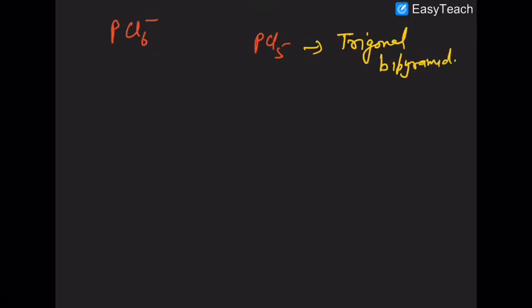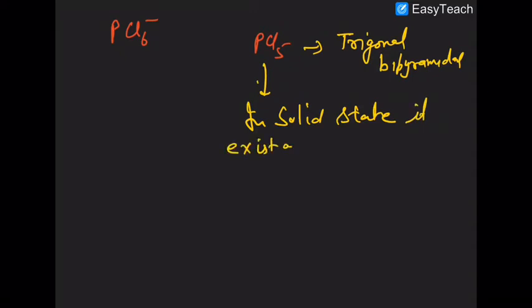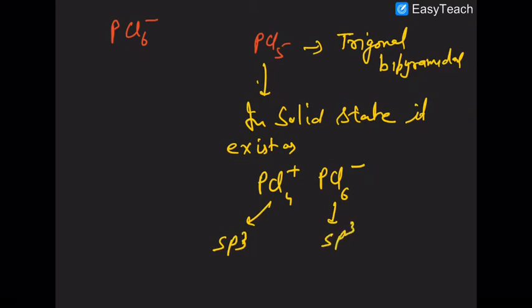But in solid state, it exists as PCl4 plus and PCl6 negative. This PCl4 plus has sp3 geometry and PCl6 negative has sp3d2 geometry. Are you sure about that? Clearly understood now?